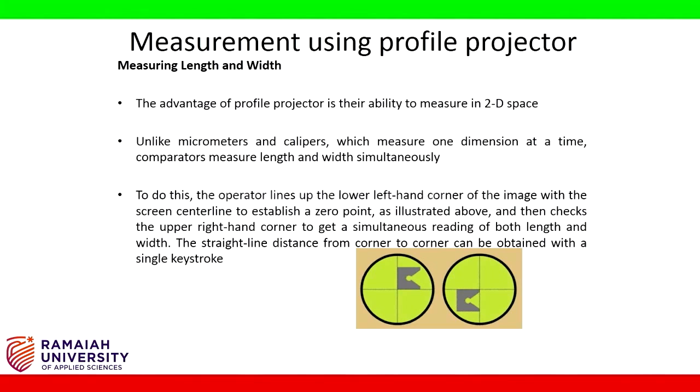To do this, the operator lines up the lower left-hand corner of the image with the screen center line to establish a 0 point as illustrated above, and then checks the upper right-hand corner to get a simultaneous reading of both length and width. The straight-line distance from corner to corner can be obtained with a single keystroke.